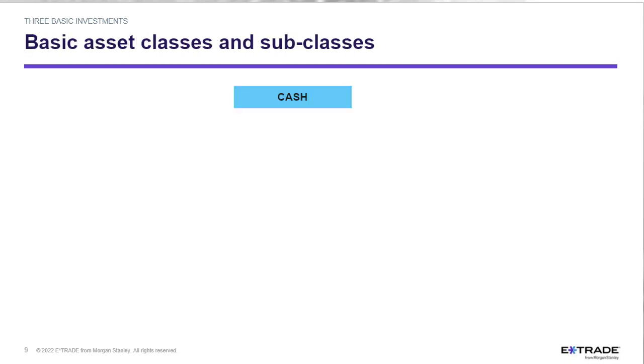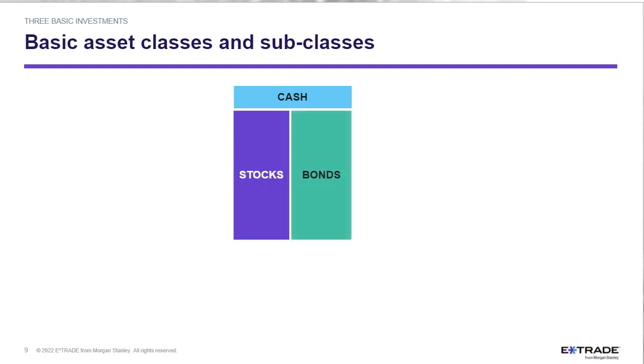So let's look at those asset classes a little more closely. We have stocks and bonds, but I want to make sure that we learn to not think about stocks as being just stocks, that there are very many different pockets of types of stocks. And it's important that we learn about these as we go along.